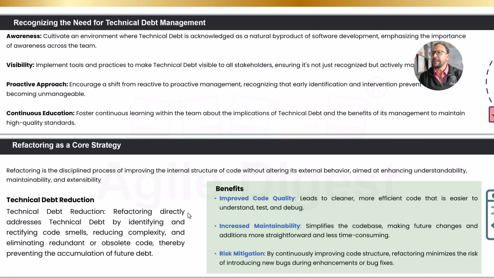Increased maintainability simplifies the code base, making future changes and additions more straightforward and less time consuming. Risk mitigation: by continuously improving code structure, refactoring minimizes the risk of introducing new bugs during enhancements or bug fixes. So refactoring should be the strategy.